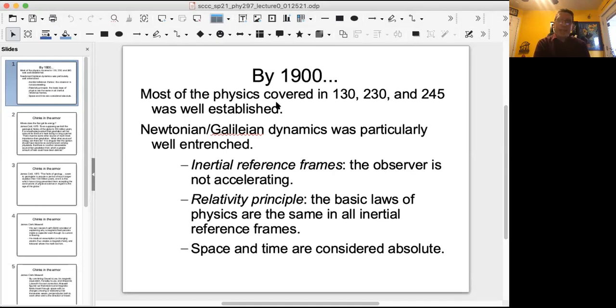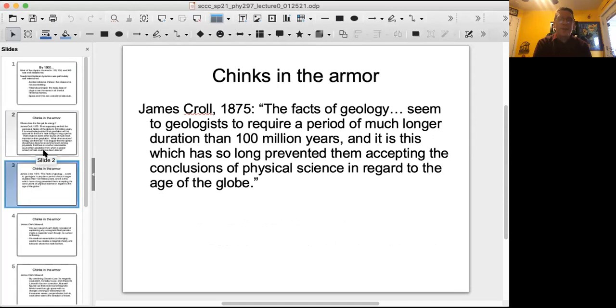And there are some basics of Newtonian physics that would ultimately get changed within a couple of years from 1900. You talk about inertial reference frames where the observer is not accelerating, and that the basic laws of physics are the same in all these reference frames. Space and time are considered absolute, and that's the one that gets changed. Again, we'll talk about that in detail starting on Wednesday.